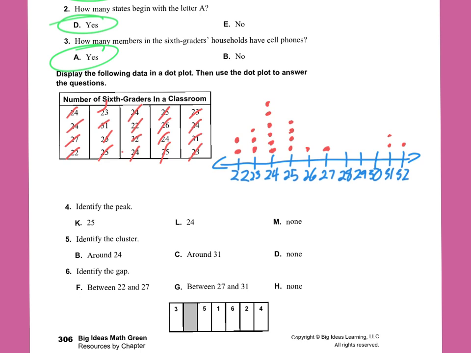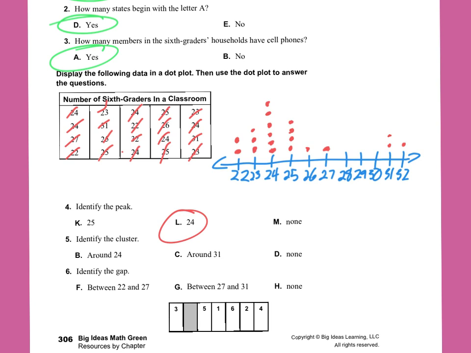So it says identify the peak. Do we have a peak at 25, 24, or none? Well, we can see that the most data represented on this dot plot is at 24. So we have 24. Identify the cluster. Do we have a cluster around 24 or around 31?